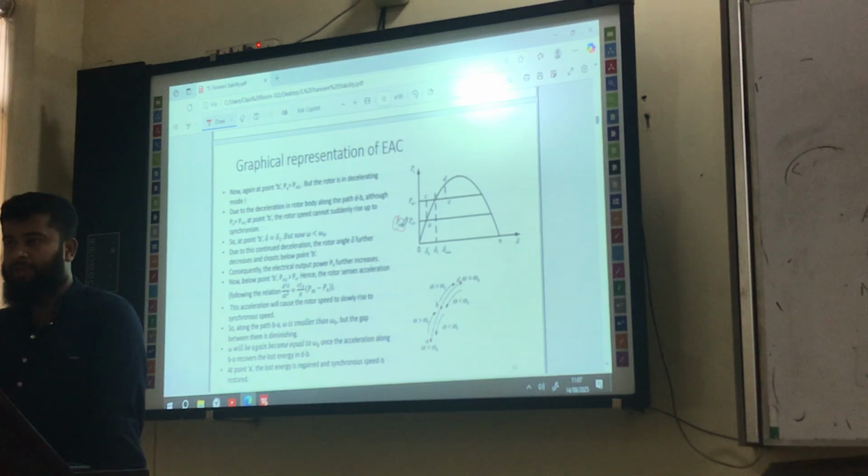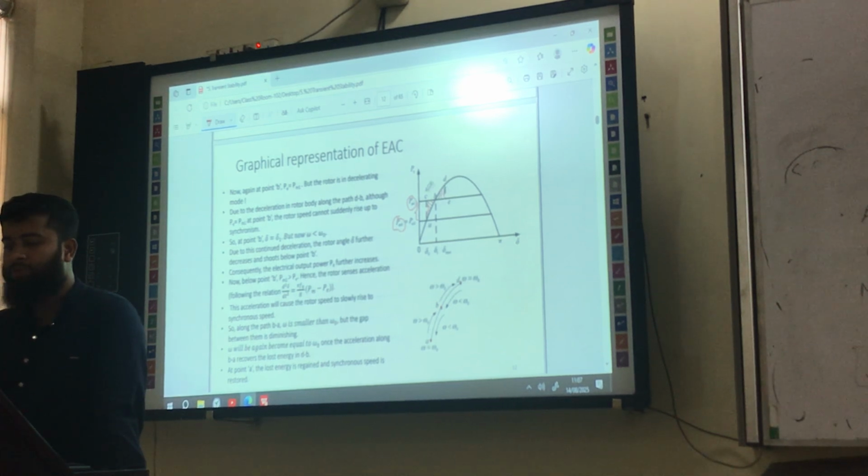This was the initial PM0 and there was a sudden increase from PM0 to PM1. Due to this, we had this accelerating area ACB and that has been completely given back in the decelerating area, right?